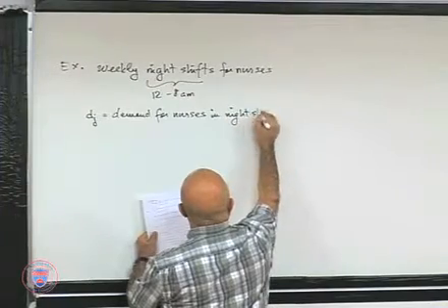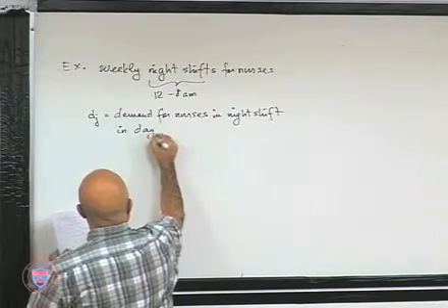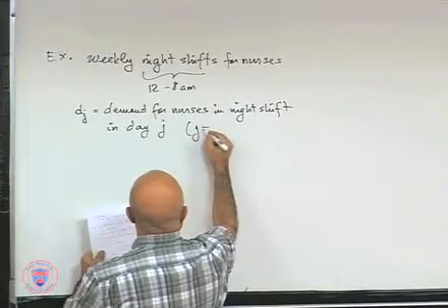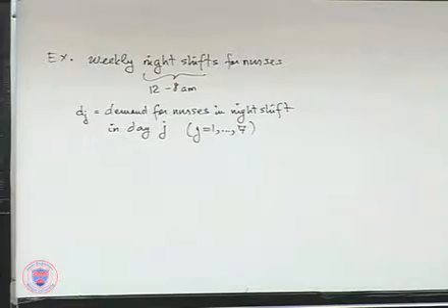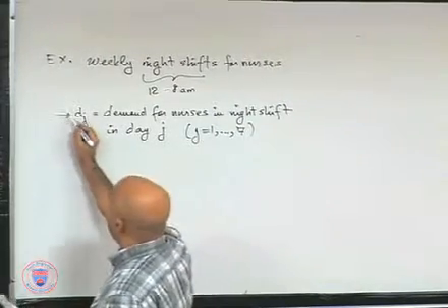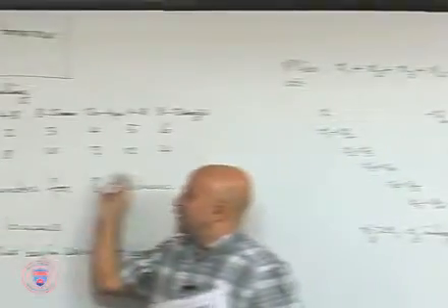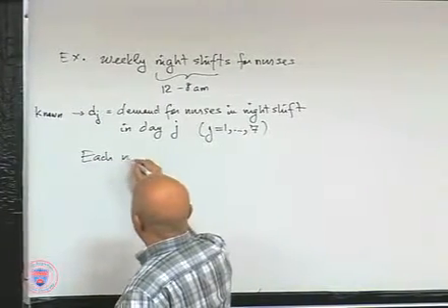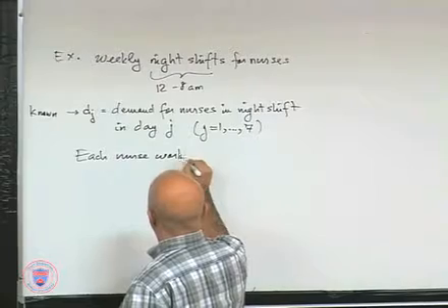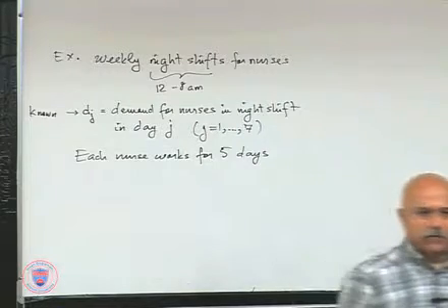And the night shift in day j. j goes from 1 to 7. We've got 7 days in the week. We assume these are known numbers. In other words, as in the previous example, just assume there are certain numerical values here. Each nurse works for 5 days in a row, okay?